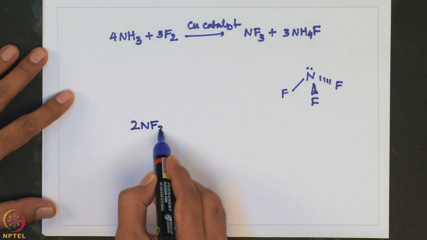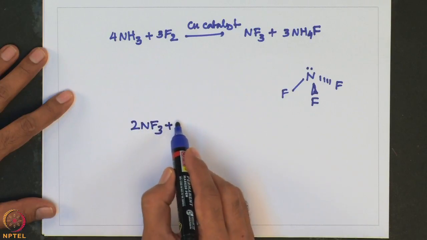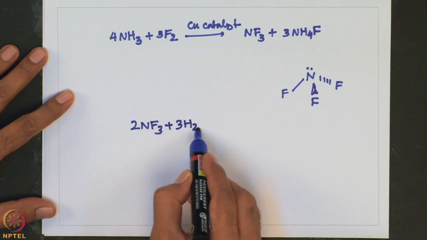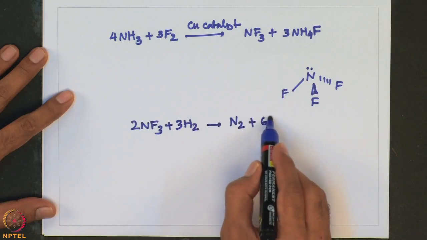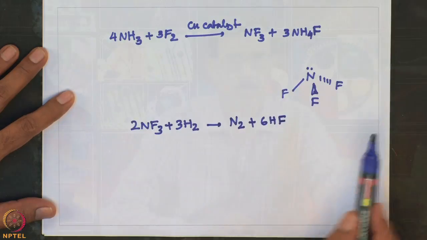So, 2NF3, when it is kept along with H2, it gives N2 through the formation of HF.